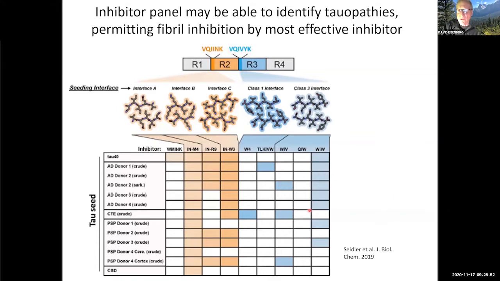WIW is also pretty good, but W4, which I showed you before, inhibits only the formation of puncta from the CTE donor and not from any of the other donors. So we begin to see that different polymorphs, or you might say strains, respond differently to the different inhibitors, which makes sense because the interfaces are different.